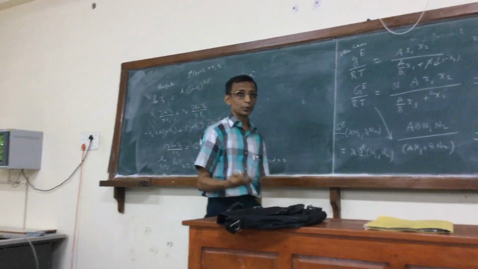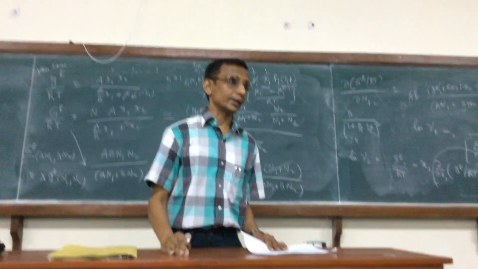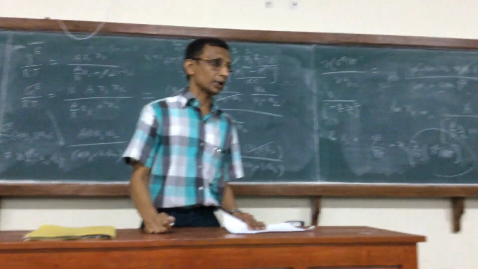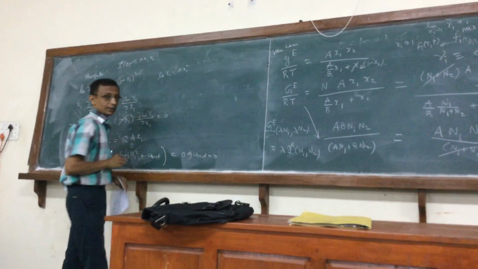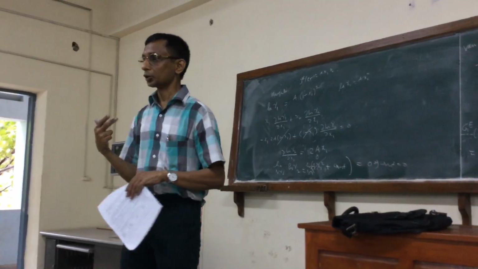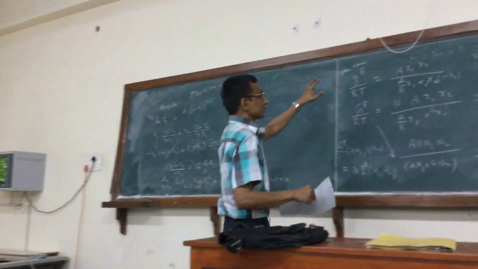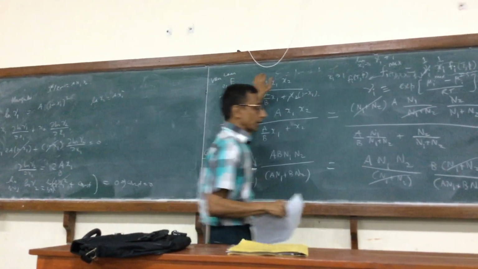That's something you have to prove, and not simply assume it will be the case just because we know the answer here. So clearly from this I can get log gamma 2. There are three methods I have seen. One is by directly differentiating the total excess Gibbs free energy with respect to N2.